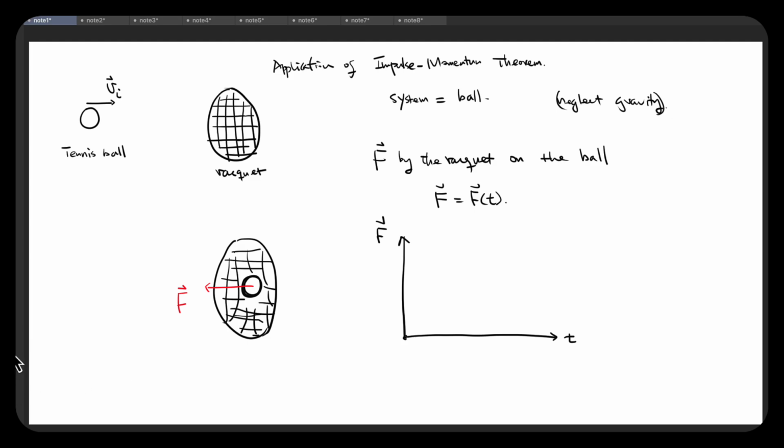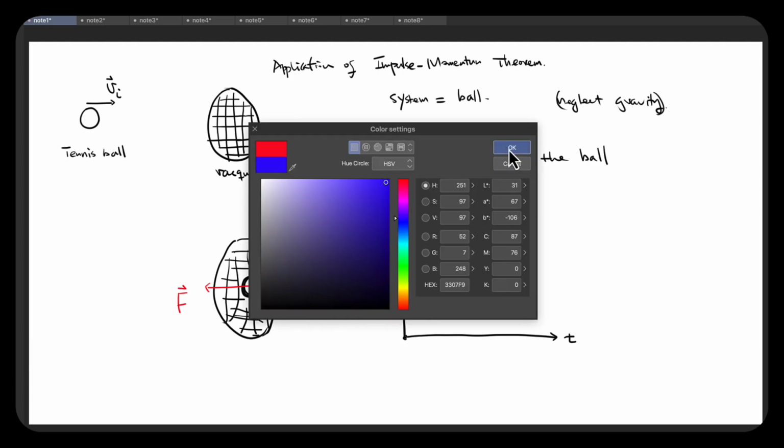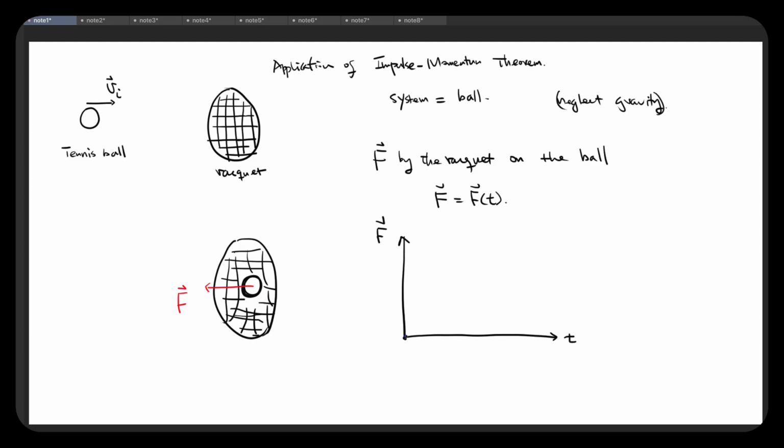So it's a bell-shaped curve that started from 0, representing the initial time instant when the tennis ball just touched the net, just touched the string, until the maximum deformation somewhere here, and then later on, when the string tries to return to its original length, the ball is being pushed backward, and that will correspond to the other side of the bell shape.